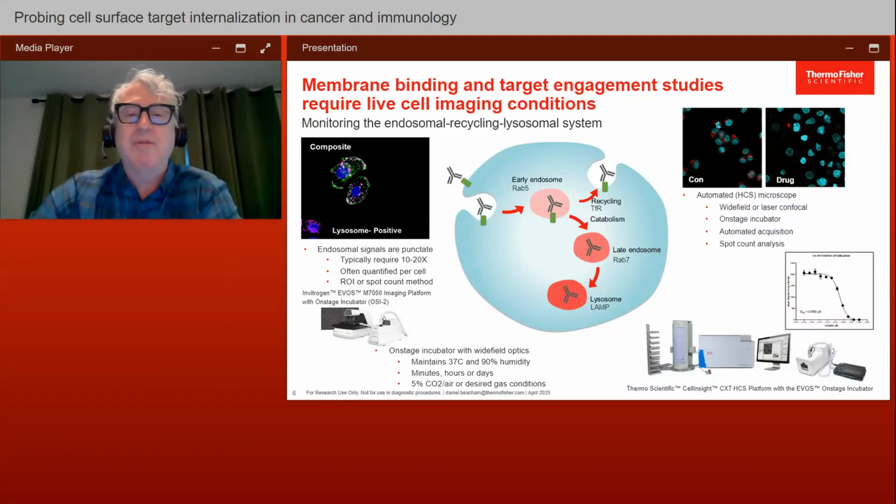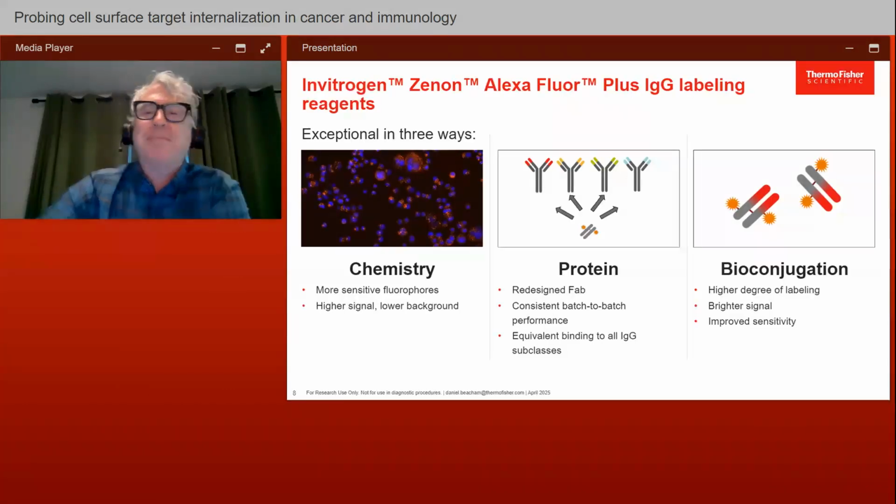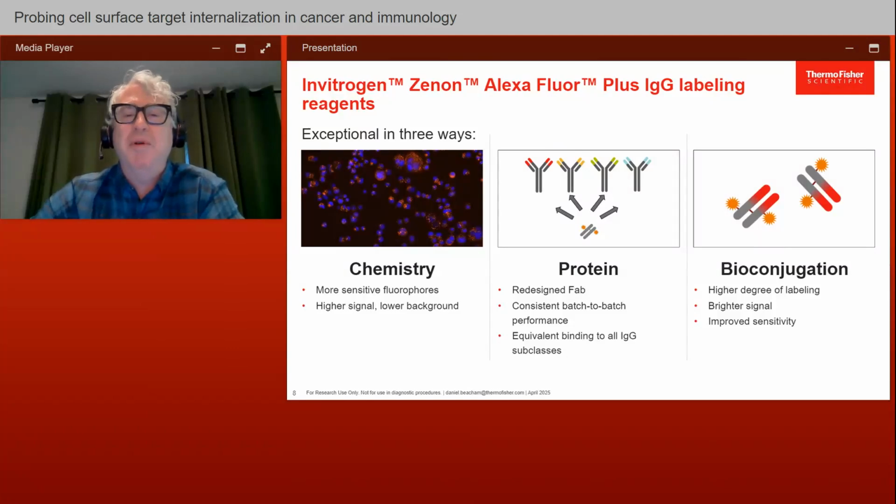And so, starting with the cell surface, I had mentioned before, we have a very easy collection of tools, either using reactive dyes, IgG fab fragments, and or direct conjugated platform.